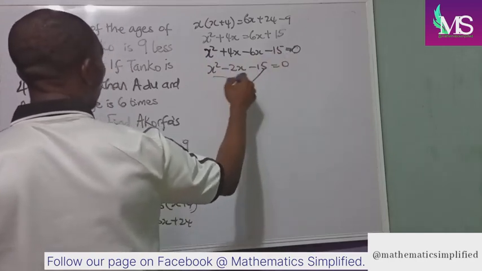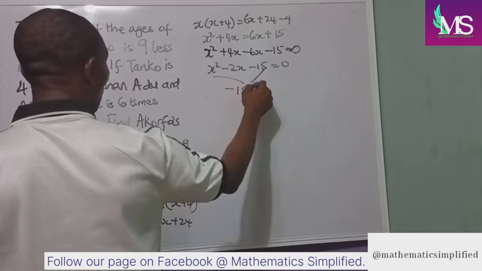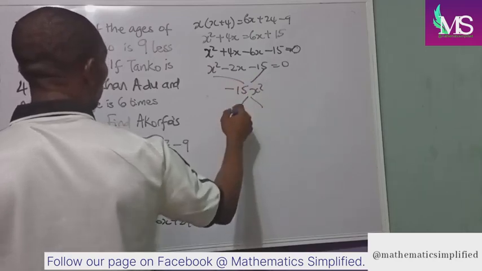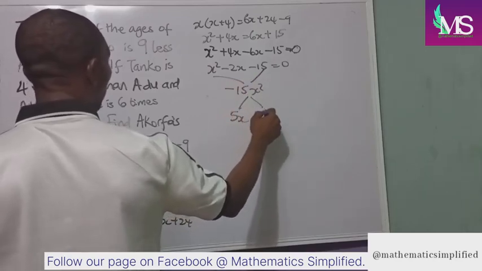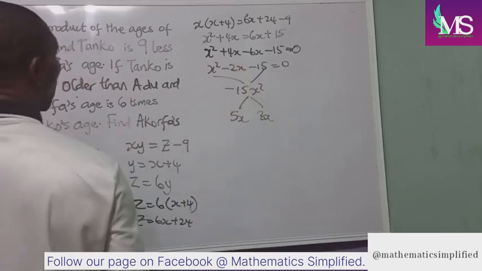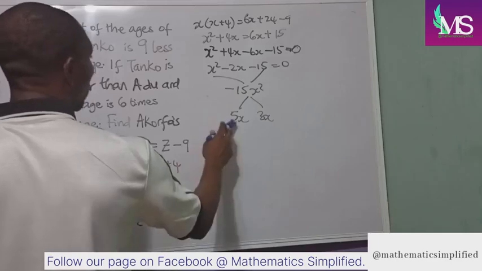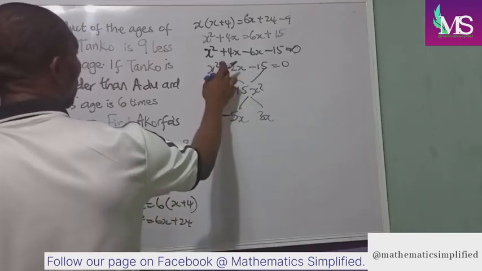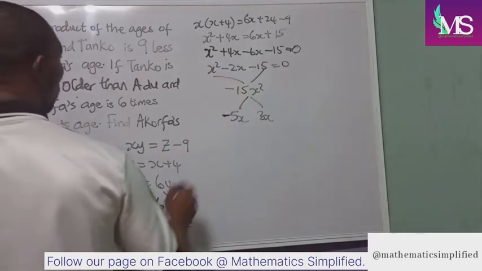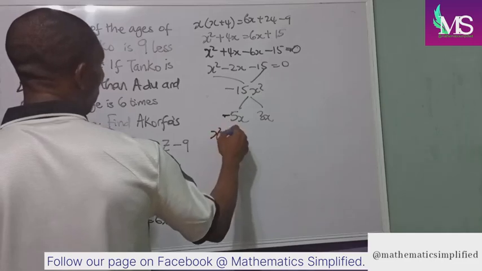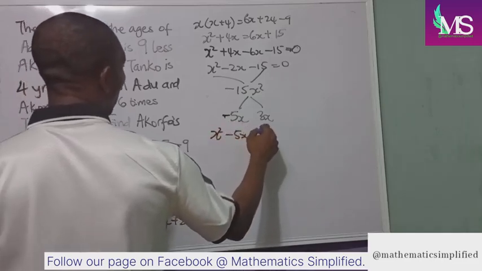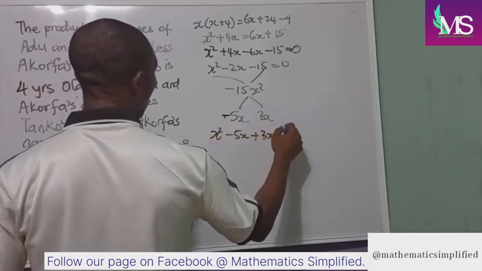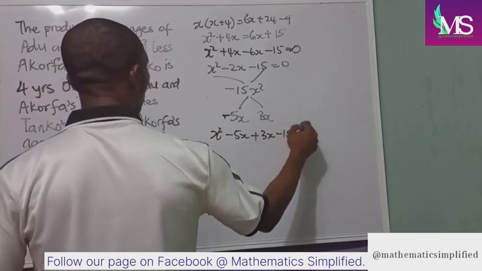Now factorizing will give us minus 15 X squared, which our factors will be 5X and 3X, but since this is a negative, one of them has to be a negative. So our bigger number will become negative since our minus 2 is negative. So this becomes X squared minus 5X plus 3X minus 15 all equals 0.